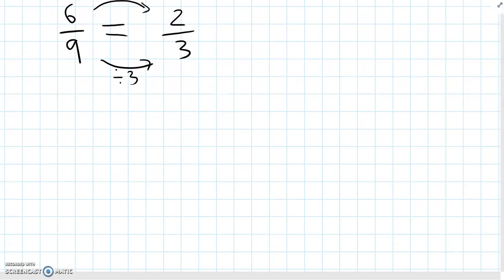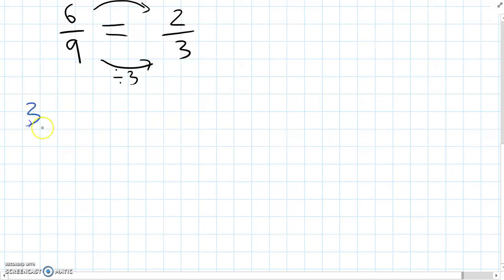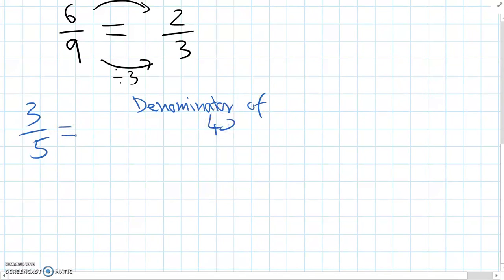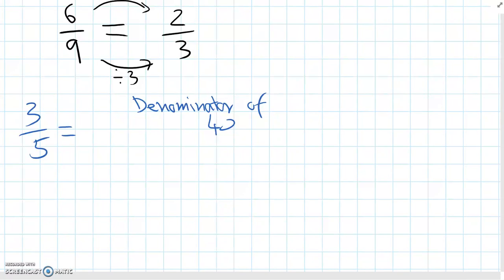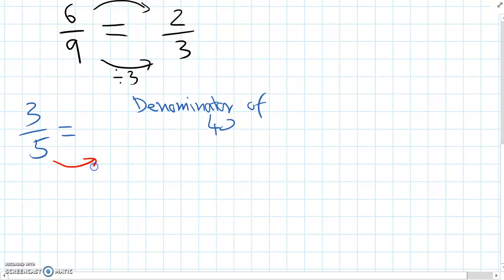Let's practice a couple more examples. So in this one, let's make an equivalent fraction with a denominator of 40. So to go from 5 to 40, we need to think, what operation can we do to go from 5 to 40?